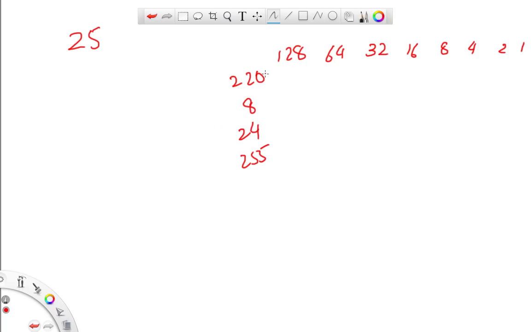Now 220, converting it to binary. You're getting 92 minus 64, you're getting 28.